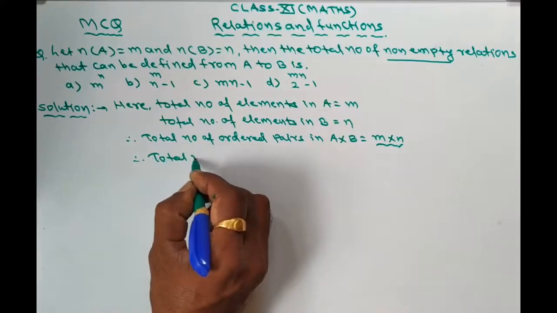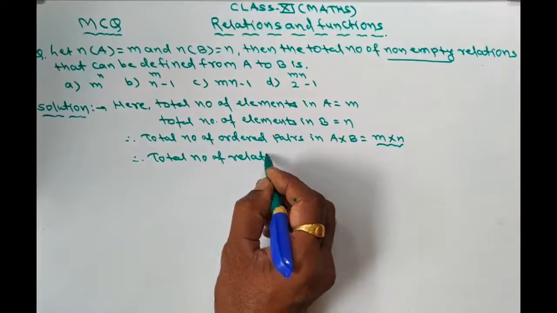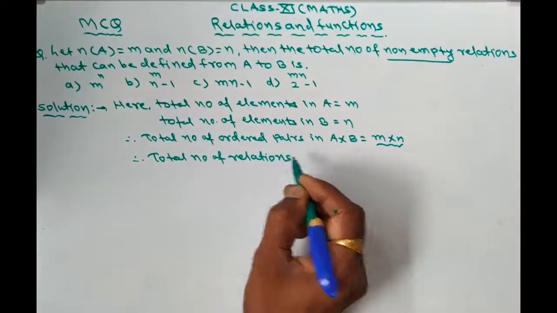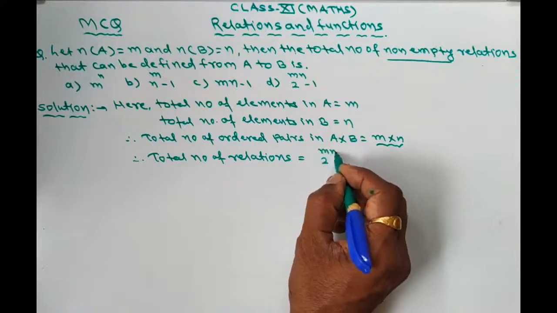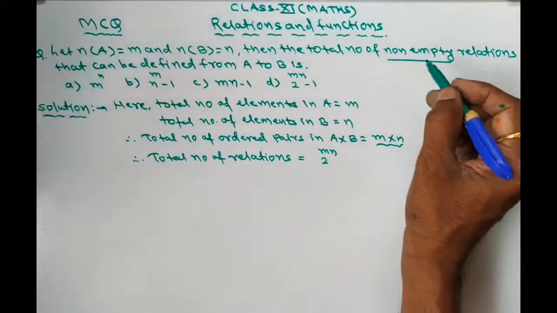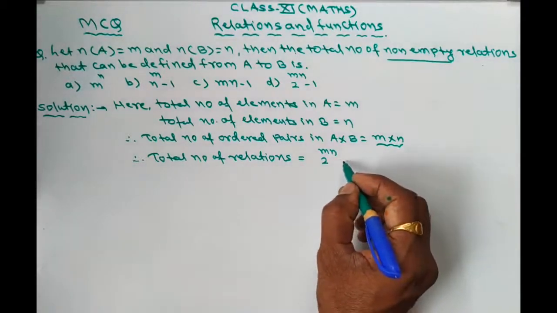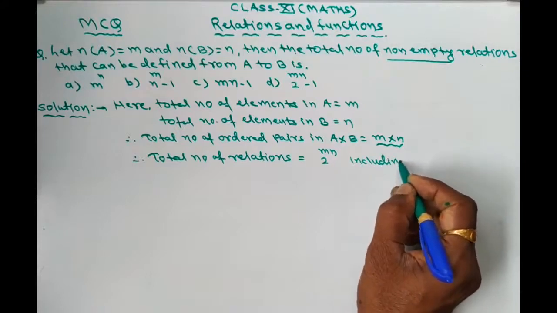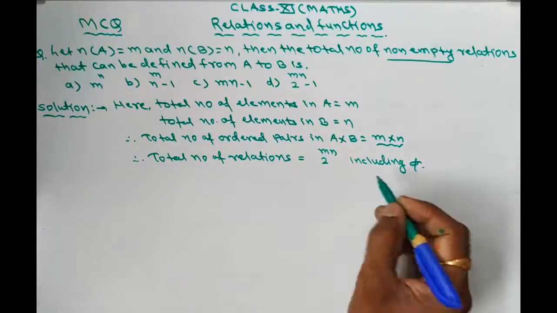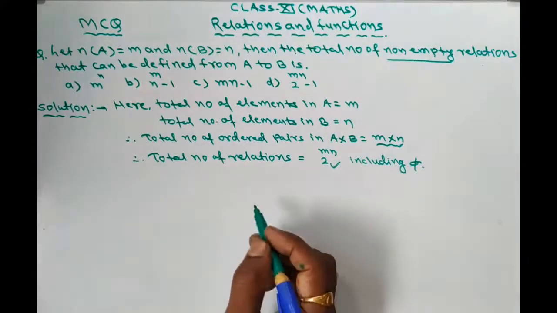Therefore the total number of relations equals 2 raised to the power m into n. But here we want non-empty relations, and this includes the empty set also. This includes the empty set also, but we want non-empty relations.